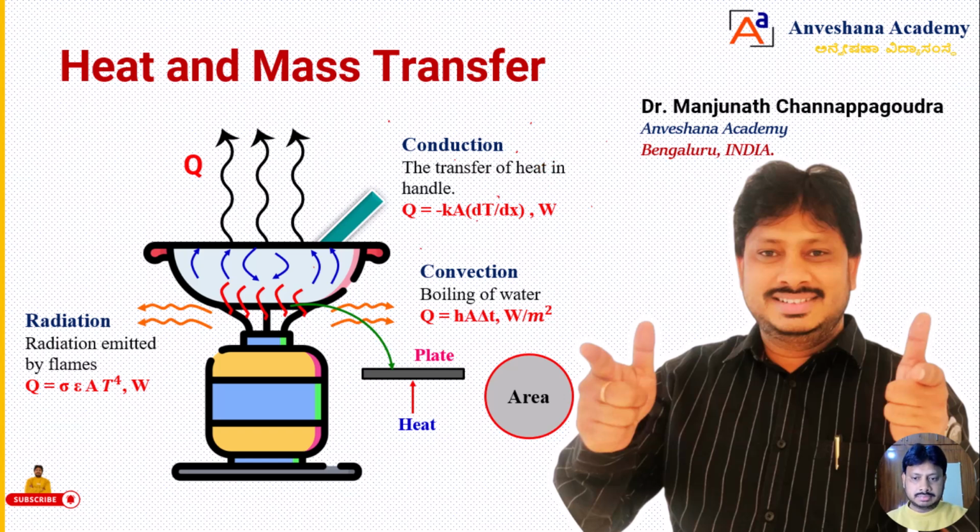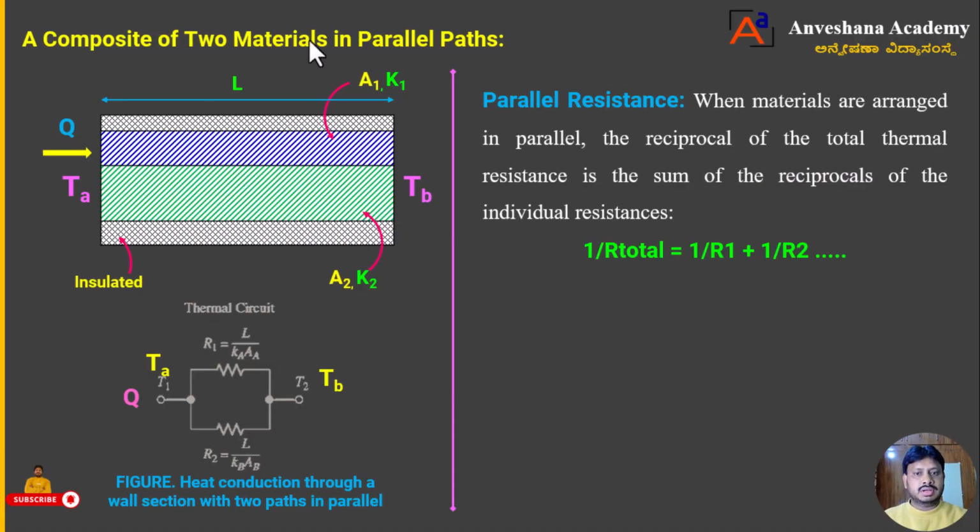Okay, dear students, today we will move towards the next type of thermal resistance, that is a composite of two materials arranged in parallel. So what is parallel resistance? First we will try to understand that.